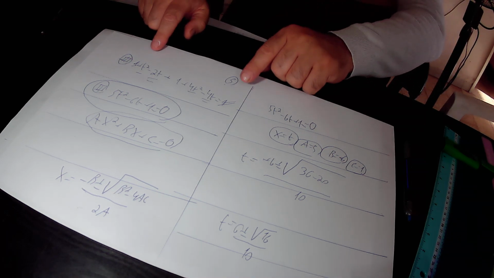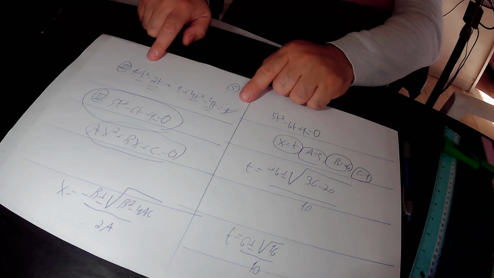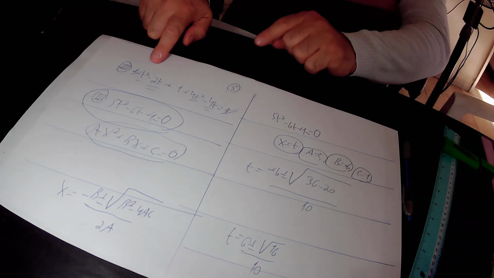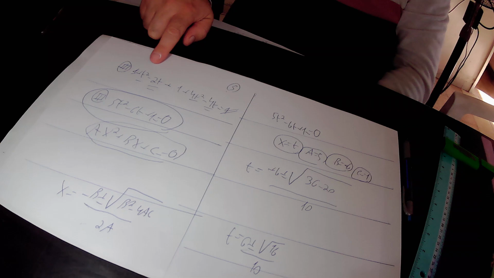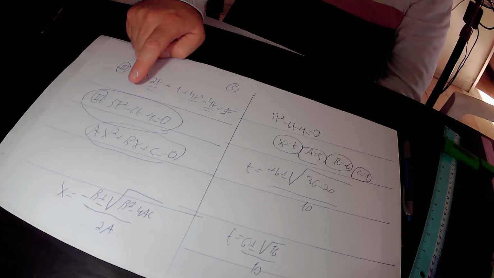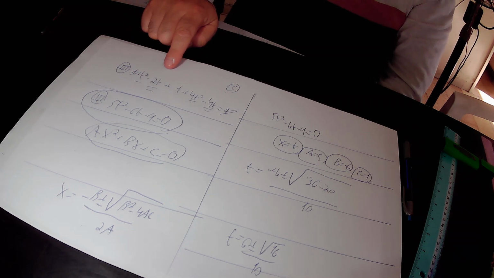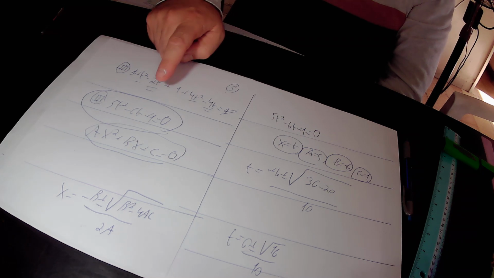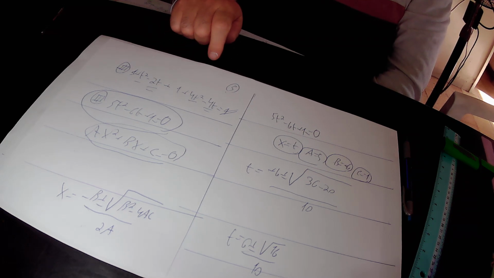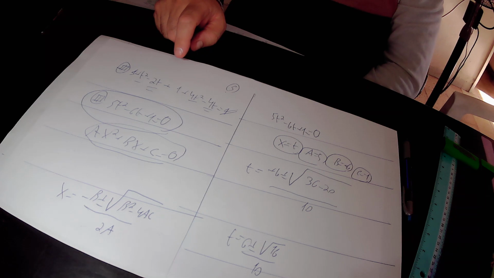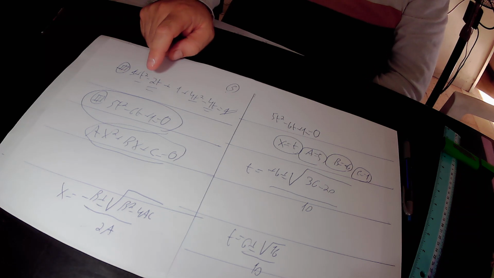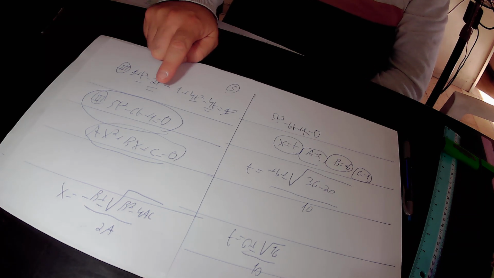Here we have 1 on both sides, so 1 will get cancelled. Then we have t squared plus 4t squared is 5t squared, and minus 2t minus 4t is minus 6t, plus 1 equals 0. So according to equation 3, 5t squared minus 6t plus 1 equals 0.